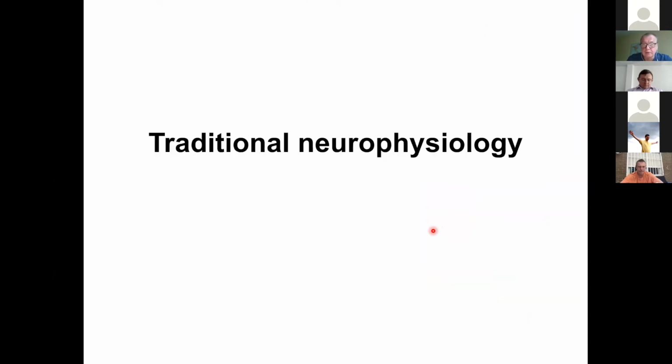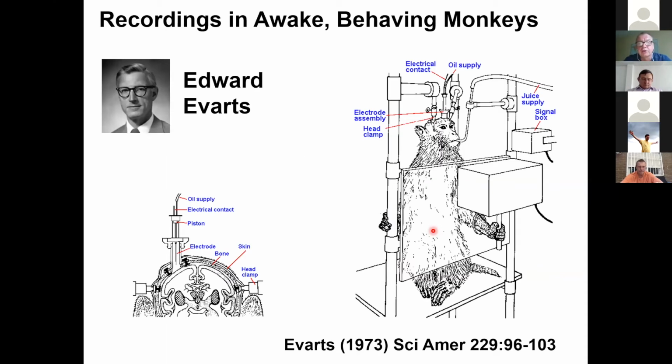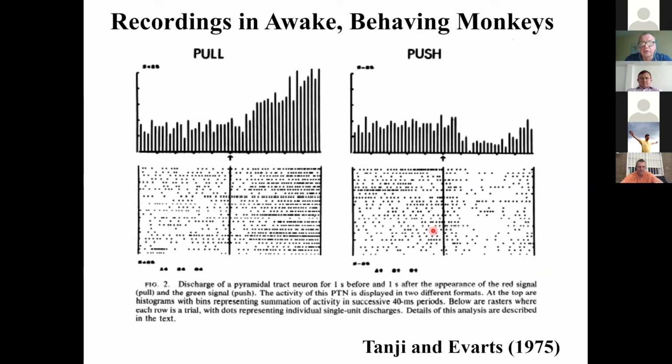So let me just overview the history of this a little bit. So traditional neurophysiology started with Evarts, who started single unit recordings in monkeys. So the monkey was awake and it was performing some motor task like pull or push a lever. And Evarts would draw pictures like this.